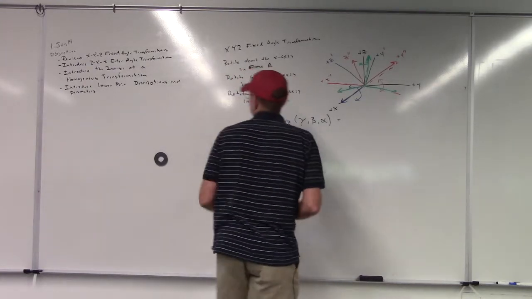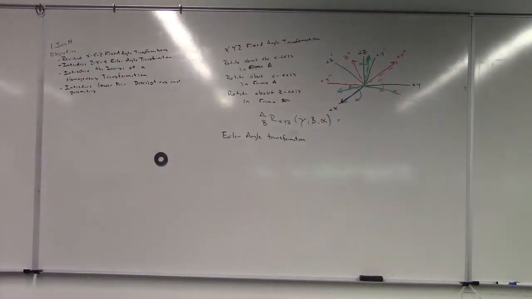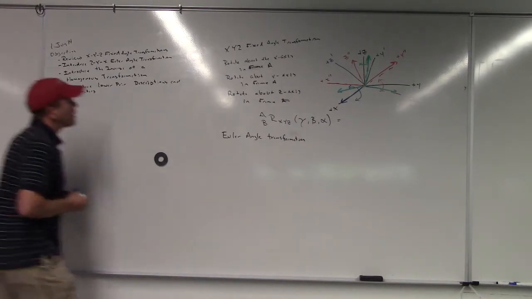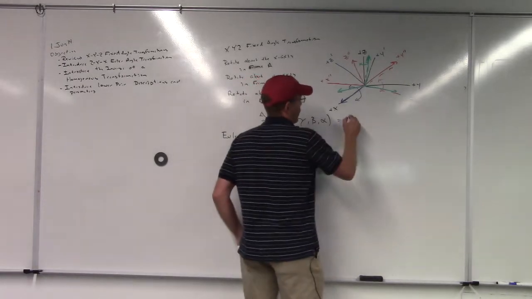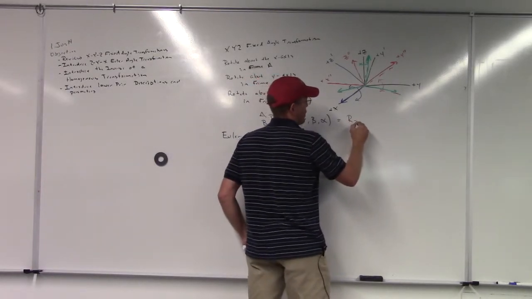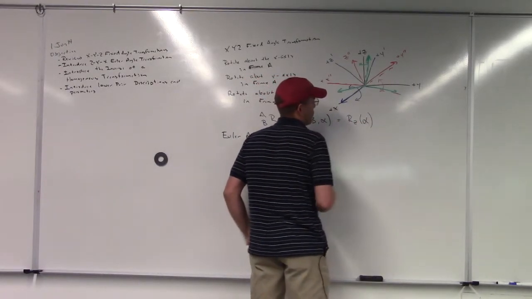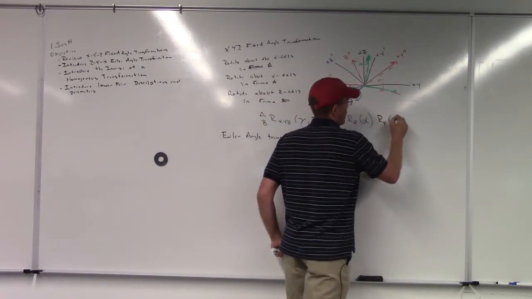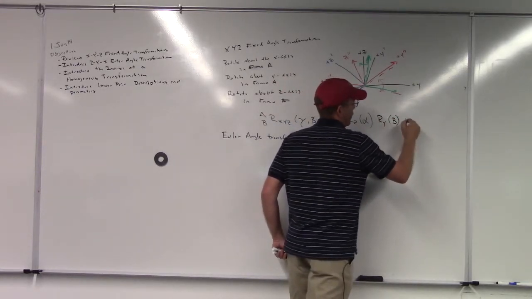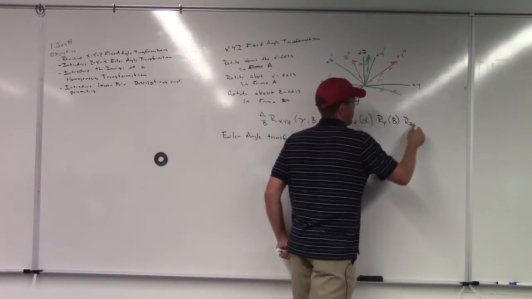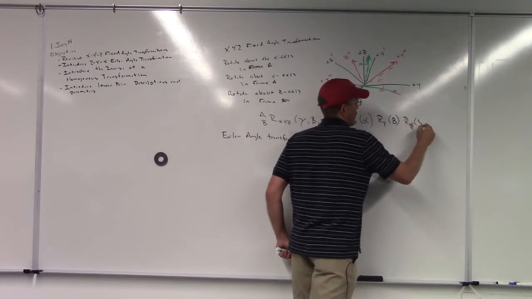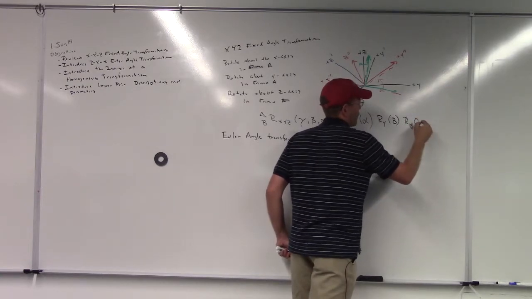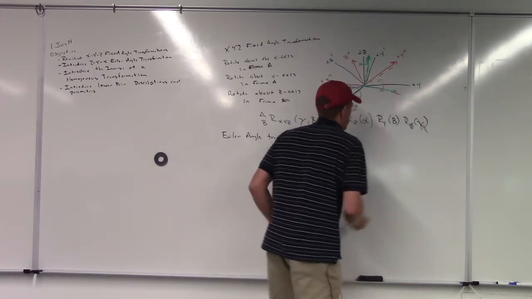We're going to go through, and let me make sure I write this down properly. So we're going to do a rotation about Z by alpha, a rotation about Y of beta, and then a rotation about X of gamma. Okay?